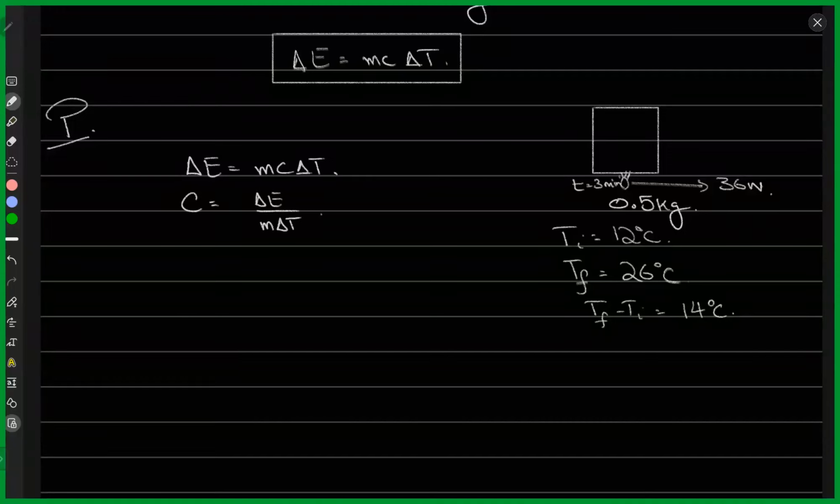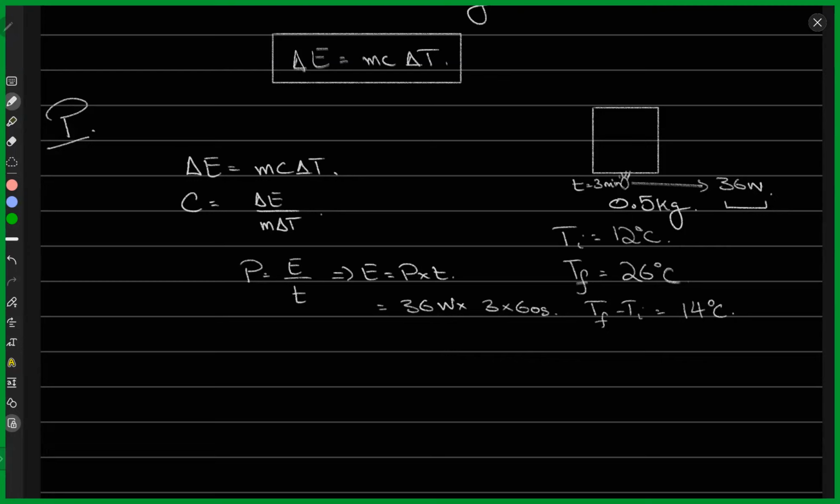All right. You have to be careful because you are given this power in watts, right? And you know that power is energy per unit time. So energy is power times time, and power is 36 watts, and time is 3 minutes. But I want to write it in seconds, so I'll just multiply it by 60. All of this is very basic stuff, right?